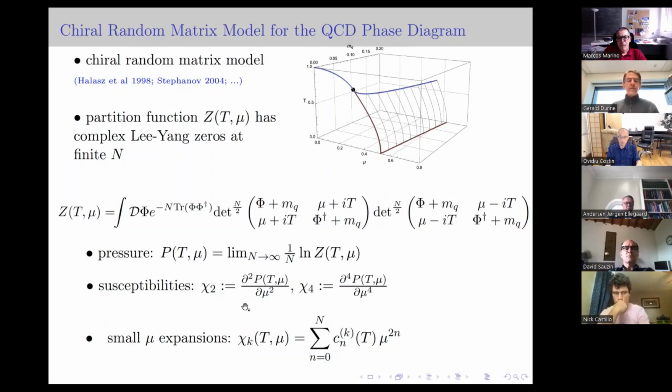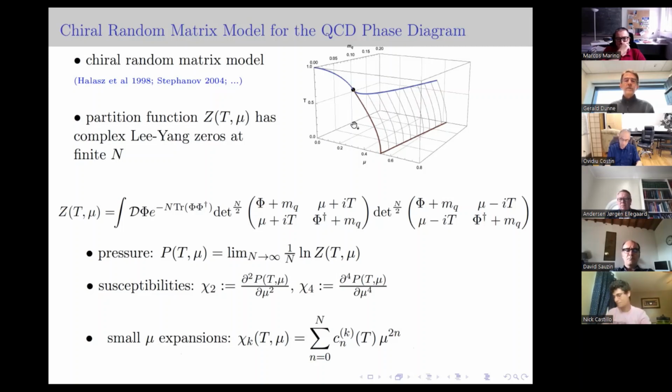So the things that experimentalists are interested in, and the physicists, theorists would like to be able to calculate, are things called susceptibilities, which are basically derivatives of this pressure. And the thing that is usually calculated using existing techniques and fitted to experimental data are these small chemical potential expansions of these. So they're coefficients that are functions of temperature and implicitly also functions of a fixed quark mass. But these are expansions generated somewhere here.